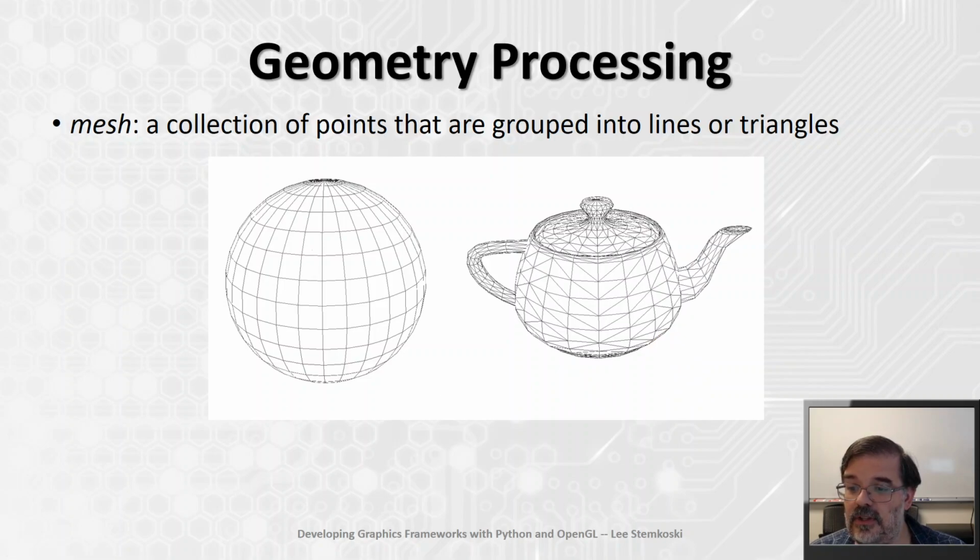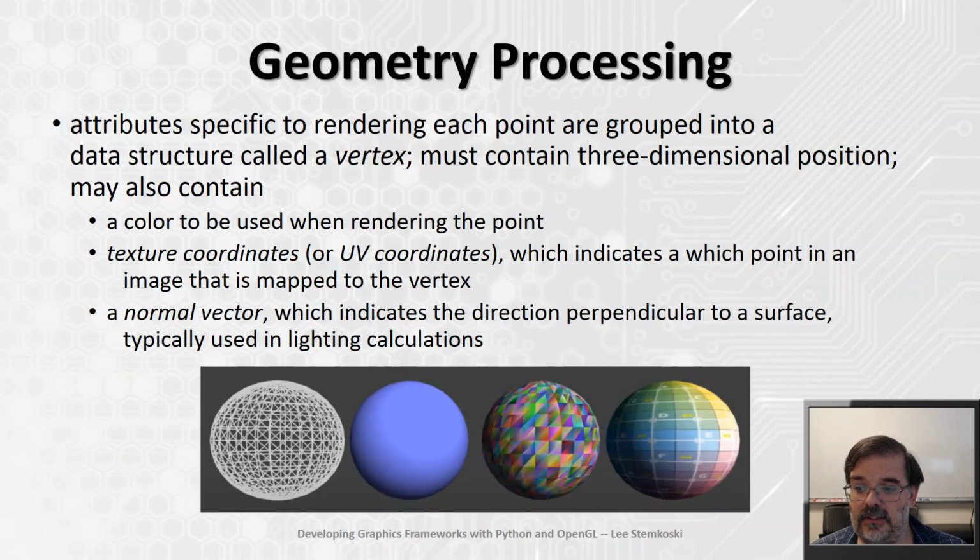We have a wireframe representing a spherical mesh and a wireframe representing a teapot mesh. And in addition to the overall shape of an object, there may be additional information required for each vertex that describes how an object should be rendered. These properties or attributes that are specific to rendering each individual point are grouped together into a data structure called a vertex.